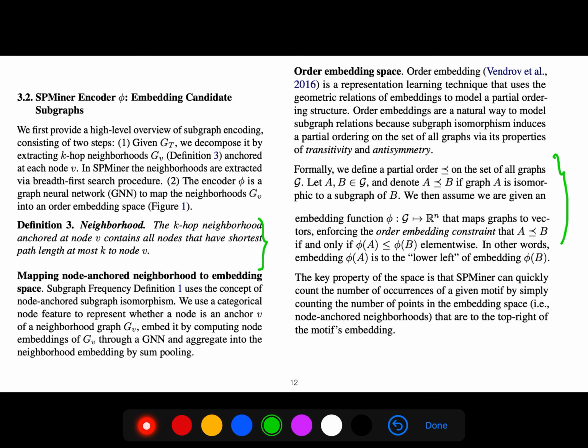We define a partial order on the set of all graphs. And if graph A is isomorphic to a subgraph of B, we write this. And we then assume we are given an embedding function that maps graphs to vectors enforcing the order embedding constraint.